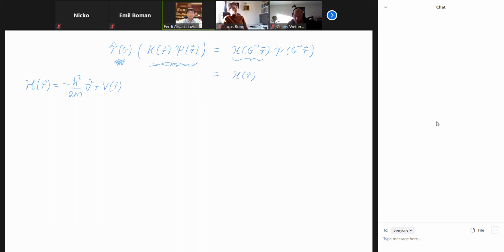So for example, if the potential is spherically symmetric and G is some rotation operator, then rotating the coordinate doesn't change the Hamiltonian, because this is a nabla squared and this is by definition spherically symmetric.